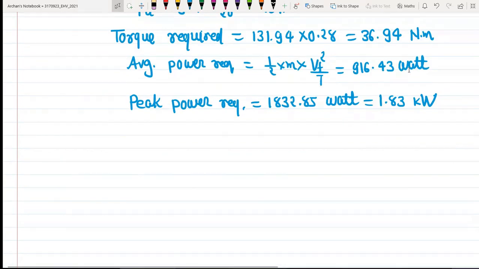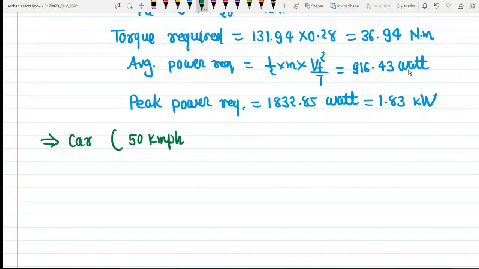But when we consider the car or other heavy vehicles, then what will happen? So let us consider the scenario of a car where the maximum speed is 50 km per hour, or 13.9 meter per second.